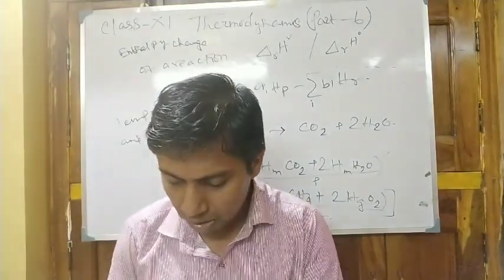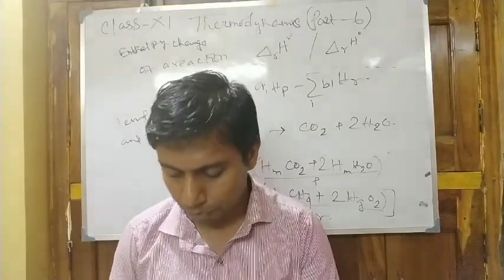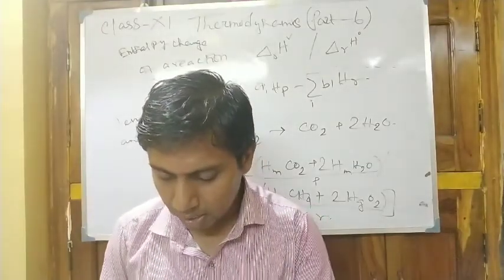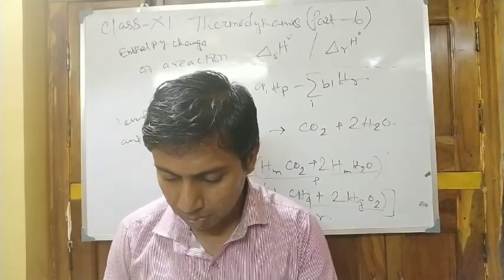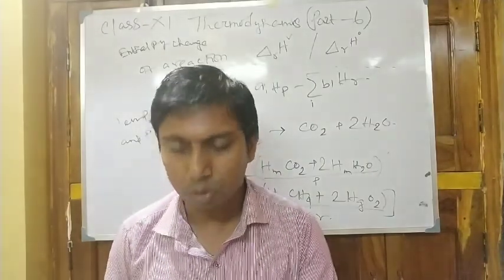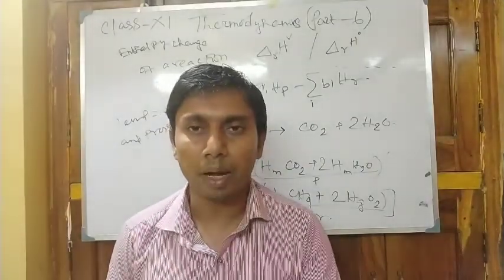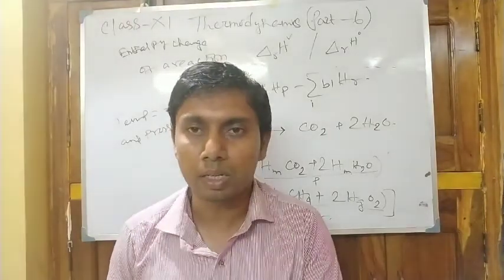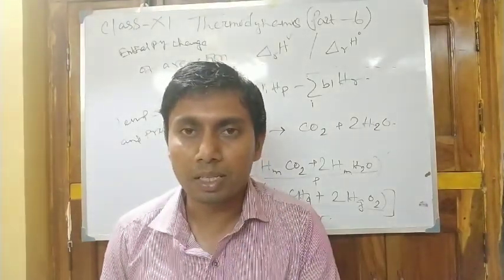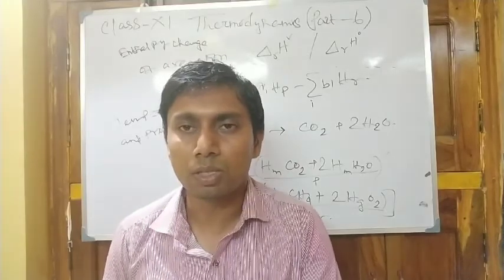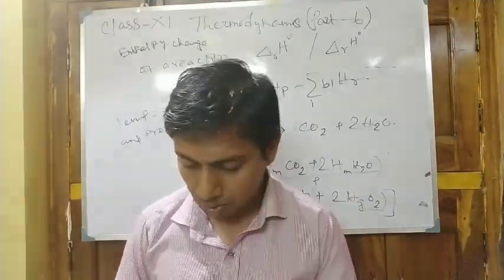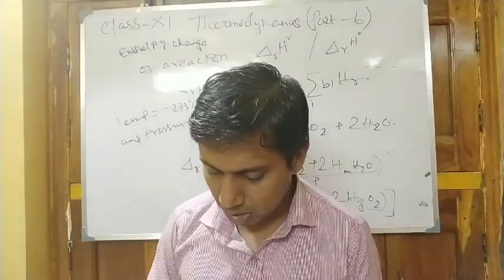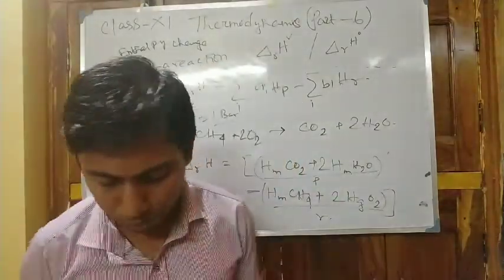The definition is: enthalpy of fusion is the heat change or change in enthalpy when 1 mole of solid at its melting point is converted into liquid state. So the parameter is a fixed point, its melting point, and the process is known as melting. So this is the definition of enthalpy of fusion.